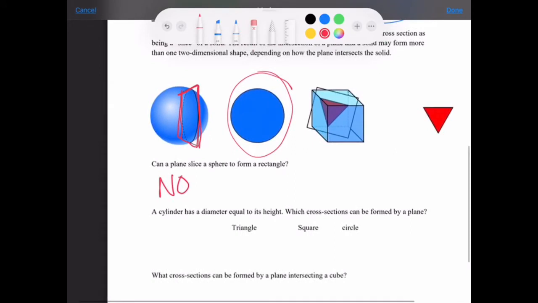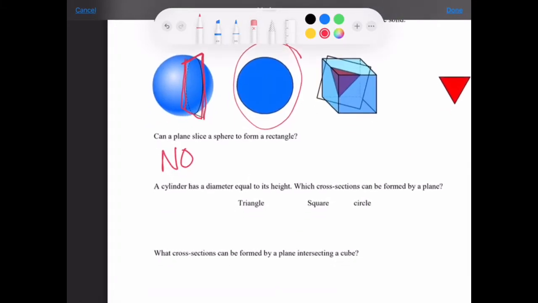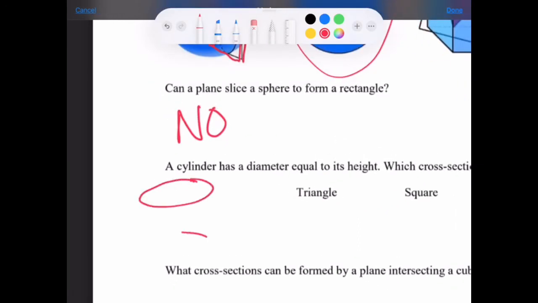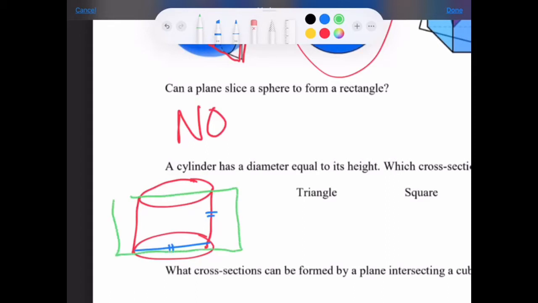Now the next one says, a cylinder has a diameter equal to its height. Which cross-section can be formed by a plane? So right here we have a cylinder. This one says the height and the diameter are equal. Okay, so if I took a slice right down the middle, like this, I cut that out, what am I going to end up with?